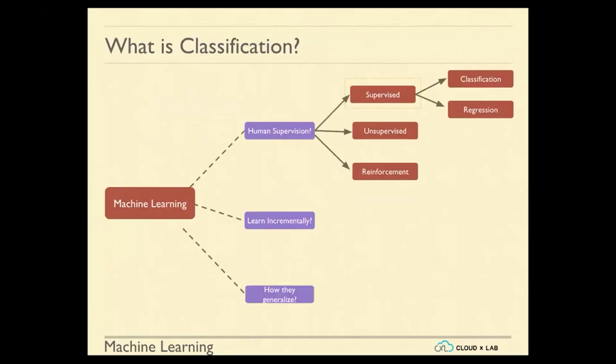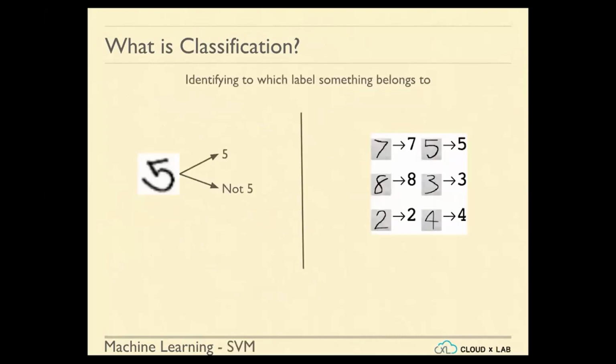And essentially, classification is a part of supervised machine learning, right? Examples of classification are when we are trying to identify an image, when we are trying to label an image, whether it's 5 or not 5, that's a classification.